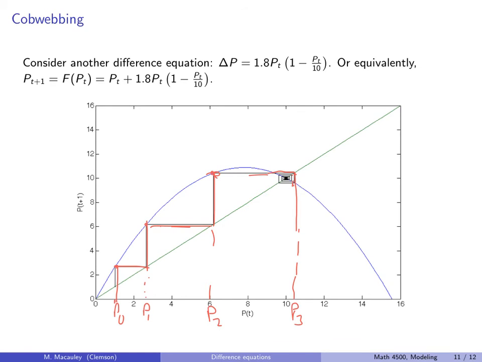Once you're here, go down to the blue curve, the green curve, the blue curve, the green curve, and then you spiral in like this. So notice what's happening is the population is oscillating. Your population is P0, P1, P2, but then P3, P4, P5, and it goes back and forth, back and forth and converges to, in this case, 10, but it does so in a different manner than we've seen before.